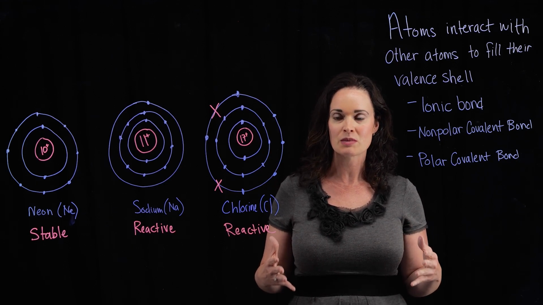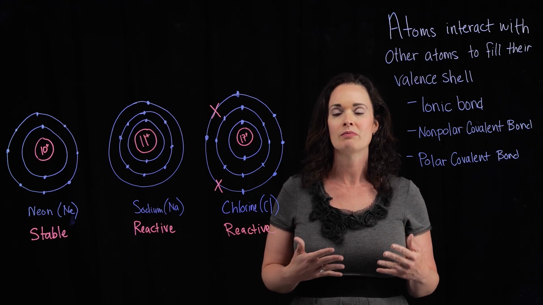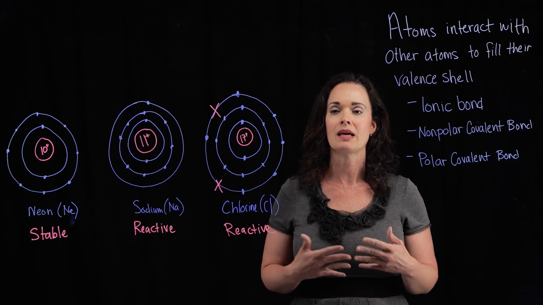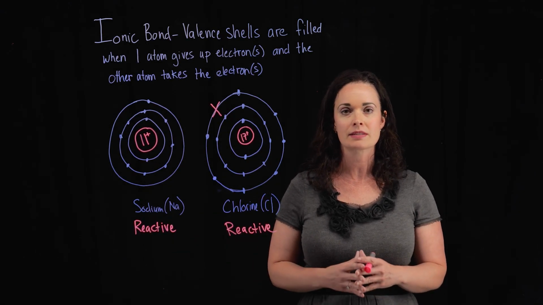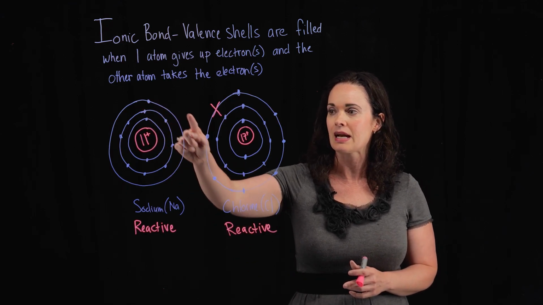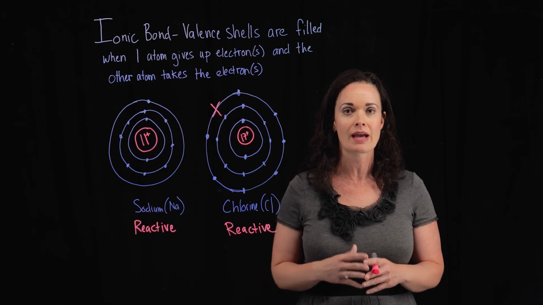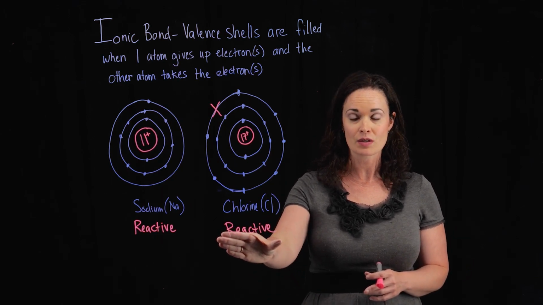But when these atoms go about trying to fill up that outermost shell, they do so by interacting with other atoms, and by doing so they form a bond. If you look at sodium, it's not stable. It's what we call reactive in chemistry because its outermost shell, that valence shell, has just a single electron in it. It's not full. Chlorine is also reactive.